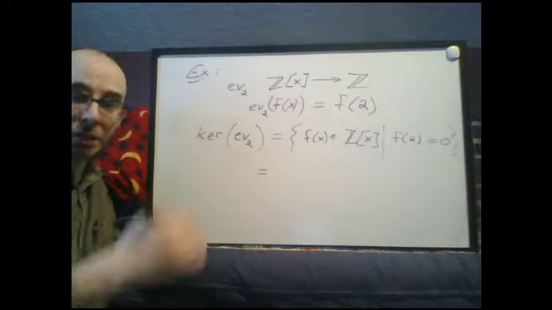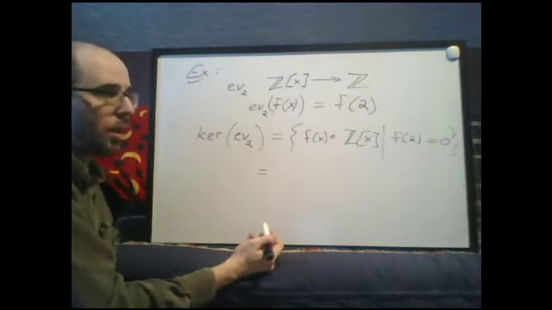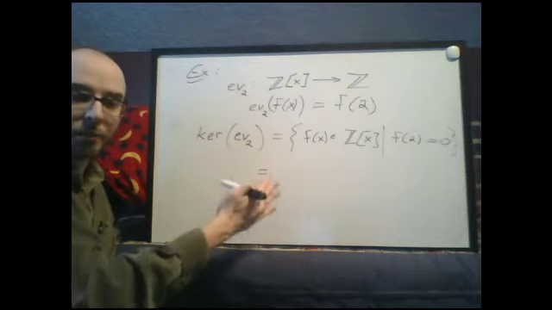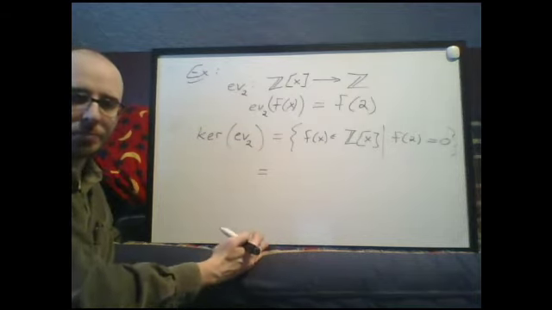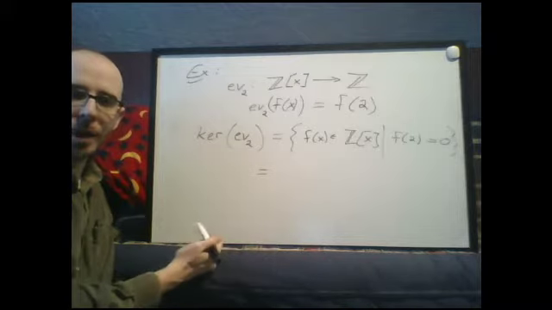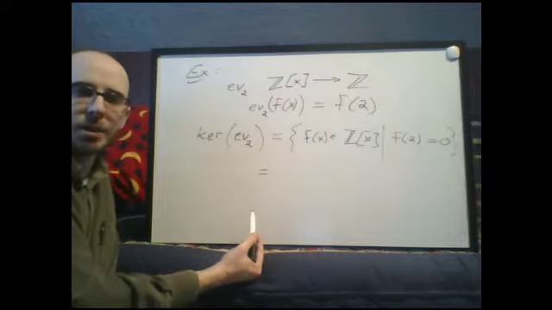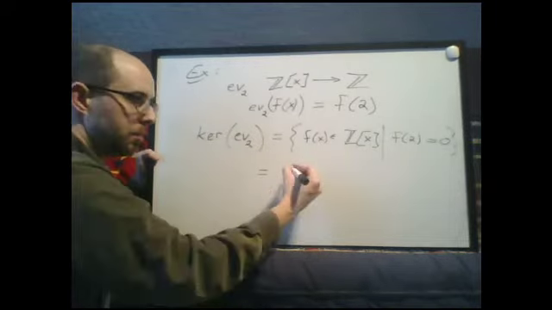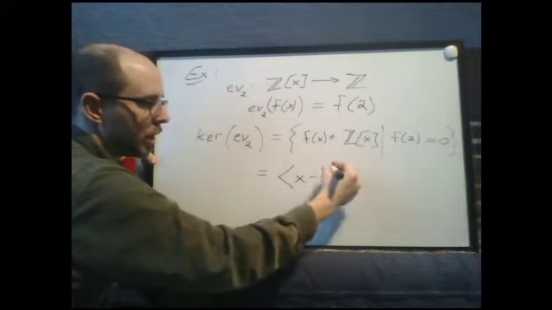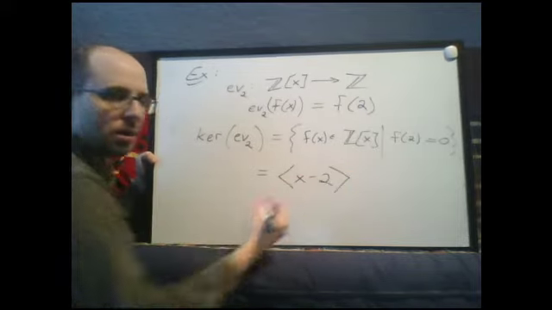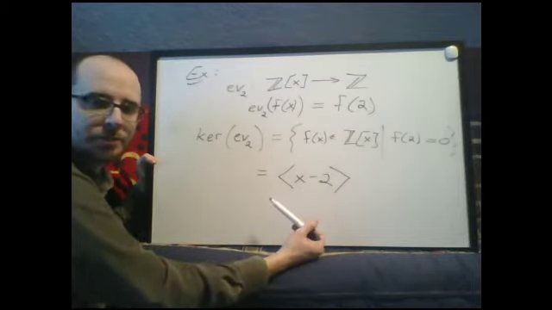A set of integer polynomials for which f of 2 is 0, that would be the set of polynomials for which x minus 2 is a factor. So you can factor out x minus 2 from the polynomial if 2 is a root. That's a fact from college algebra if you want to go back that far. But our name for it was the ideal generated by x minus 2. That's the collection of polynomials that have x minus 2 as a factor.